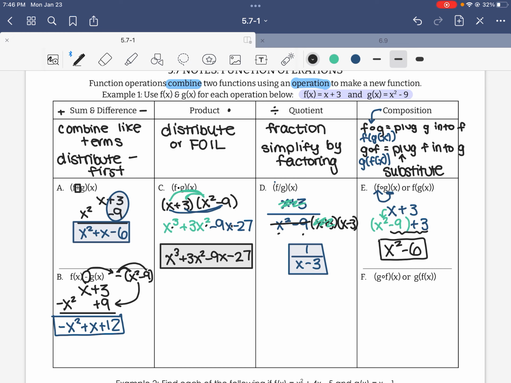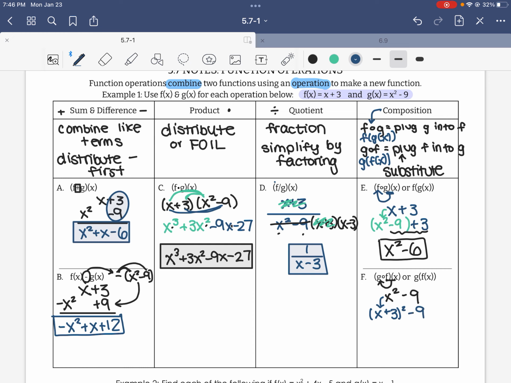G of f of x is where you take f and plug it into g. So you start with the structure of g of x, which is x squared minus 9, and then you substitute x with x plus 3, because that's what f is.